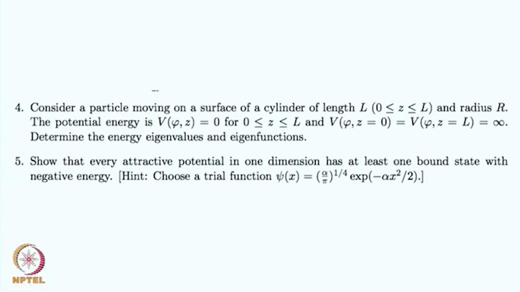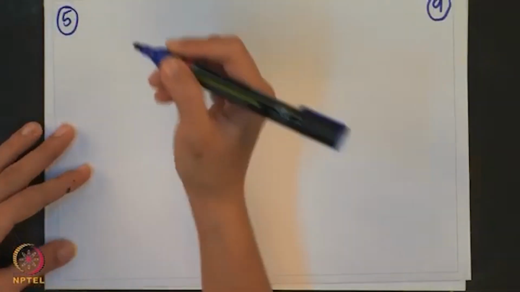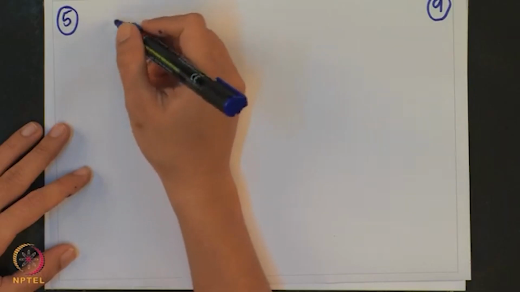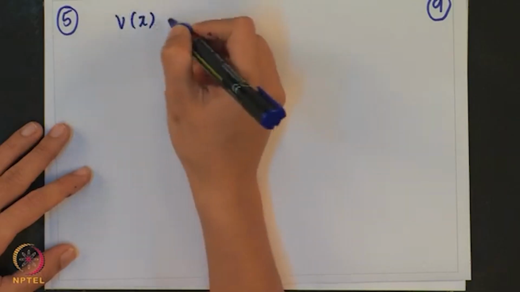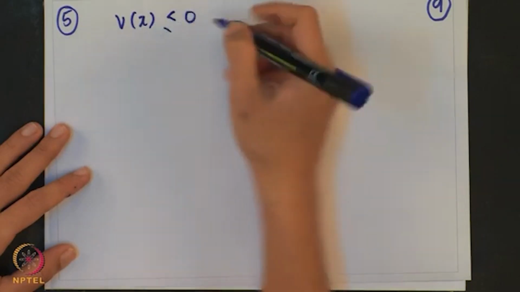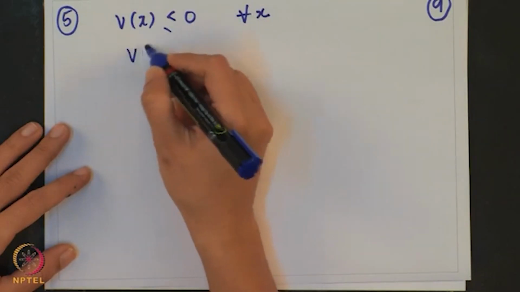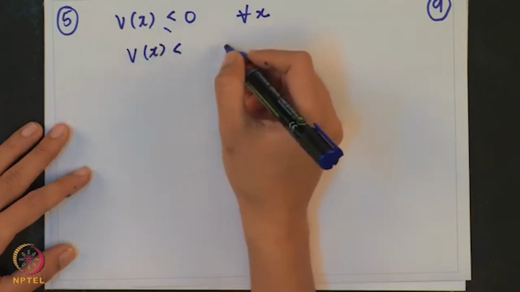So, for the fifth question you can start by taking V of x less than or equal to 0 for all x, and V of x less than 0 for some x.